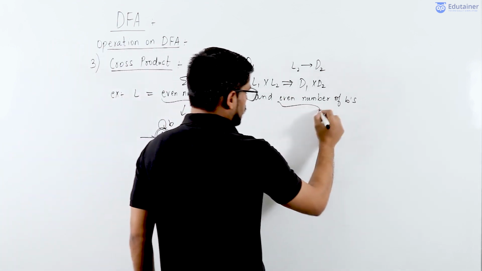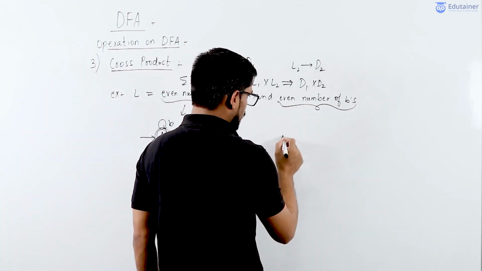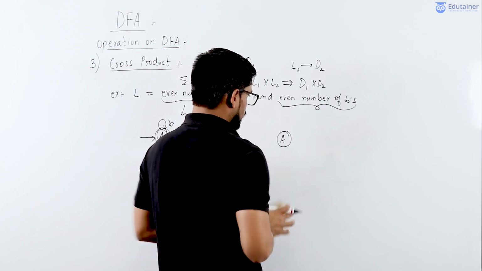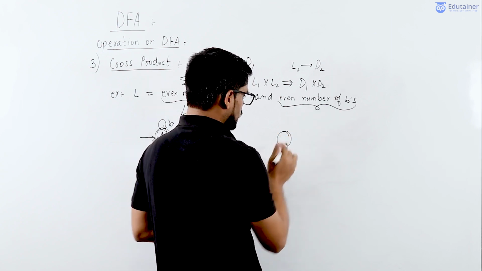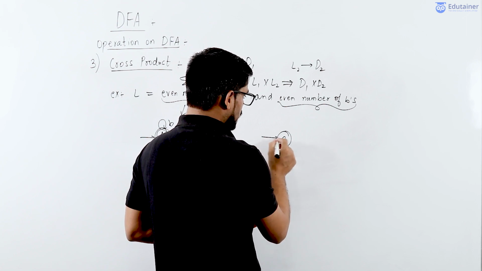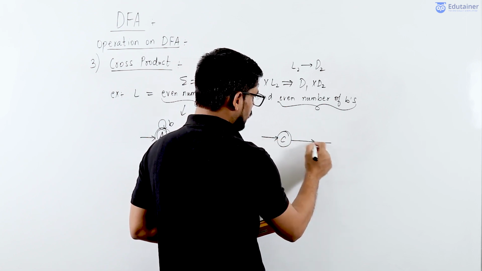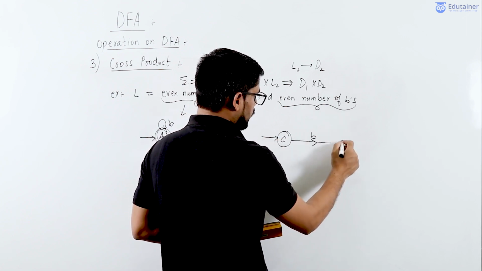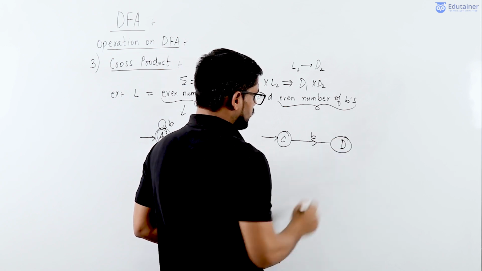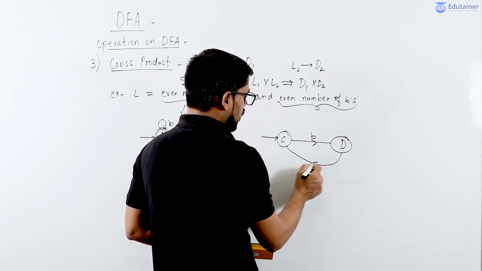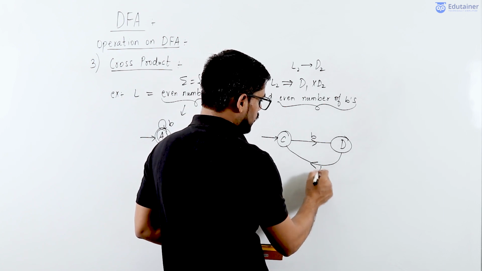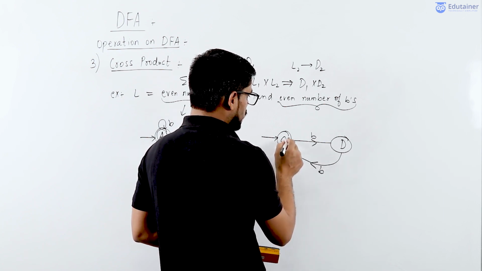Now draw the transition diagram of even number of B's. Let's say capital C is the initial state here, and if I see small b, then I will go to the capital D state. If I see one more small b, I will go back to the initial state itself.